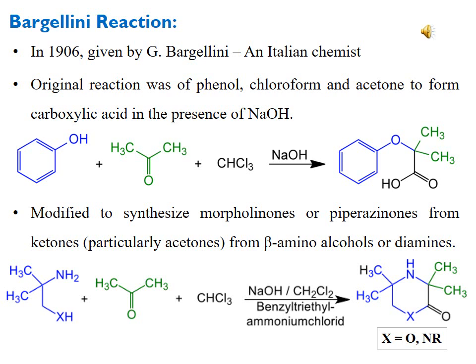Bargellini reaction was basically given by the Italian scientist Bargellini in 1906 first time. Actually, it is not the first time reaction because another scientist, Link, the German scientist, has introduced some things about this type of reaction, but he was unable to clarify the nature of the product, and so it was named that we get the derivatives of phenol.